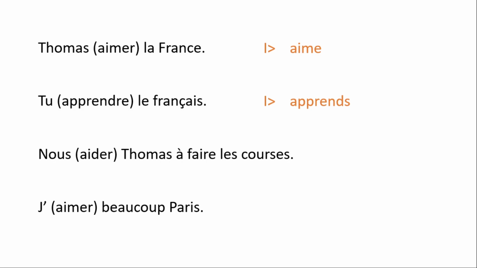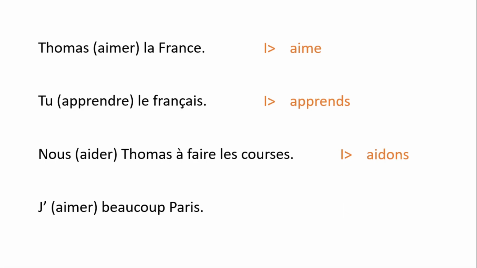Aider is like aimer, ending with er, group number 1. Nous, so we add the conjugation ons: nous aidons Thomas à faire les courses. And the last one, aimer, we already saw it 3 times. So we remove er and we add e.